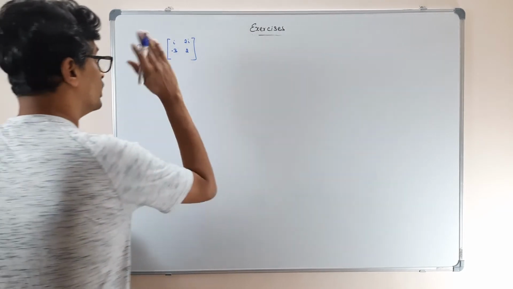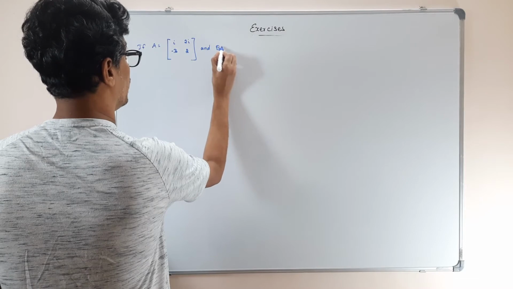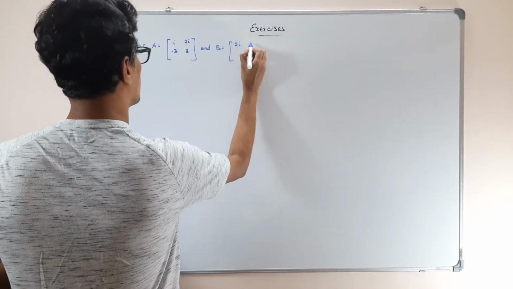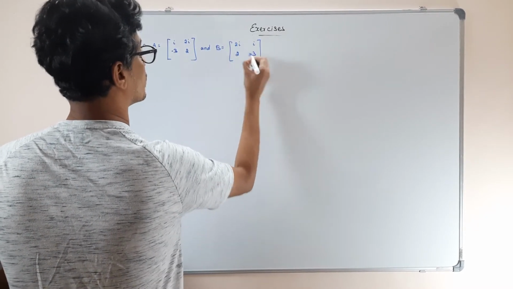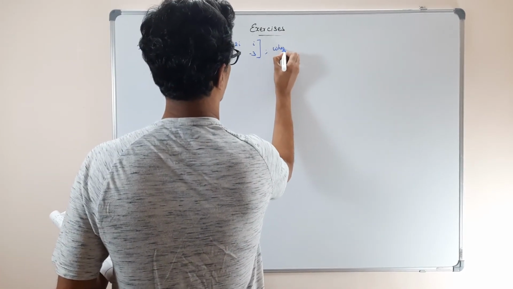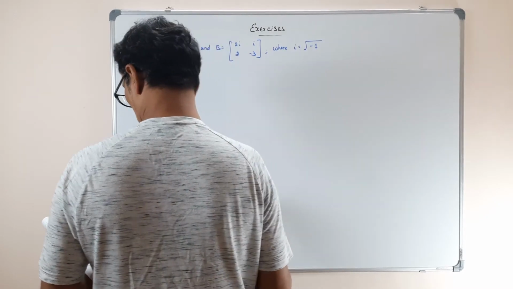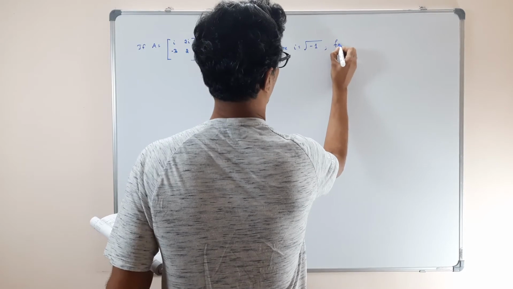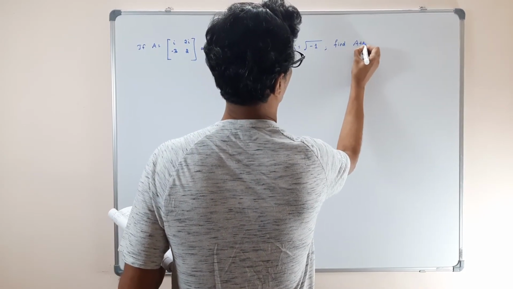And B equal to 2i, i, 2, minus 3, where i equal to root of minus 1. Okay. So what you want to do is find A plus B and A minus B.